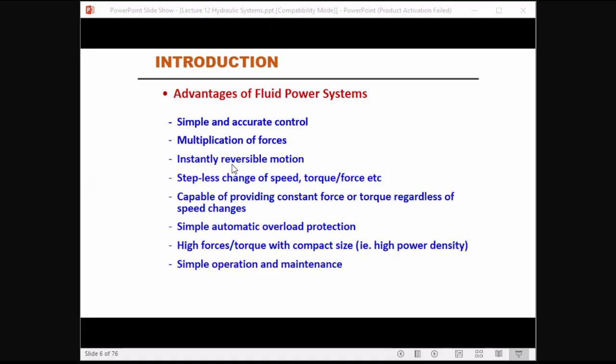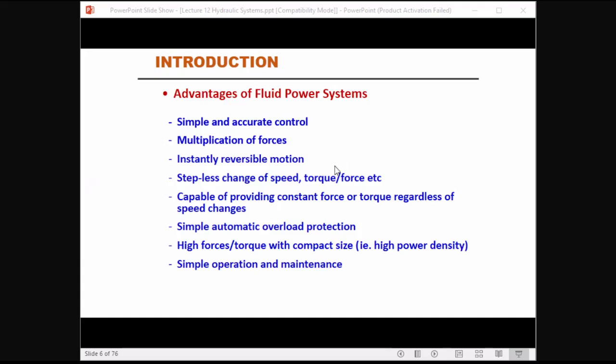Then quickly change the direction of motion. Then it will help very quick motion in our machineries. We can design our machineries according to this method.